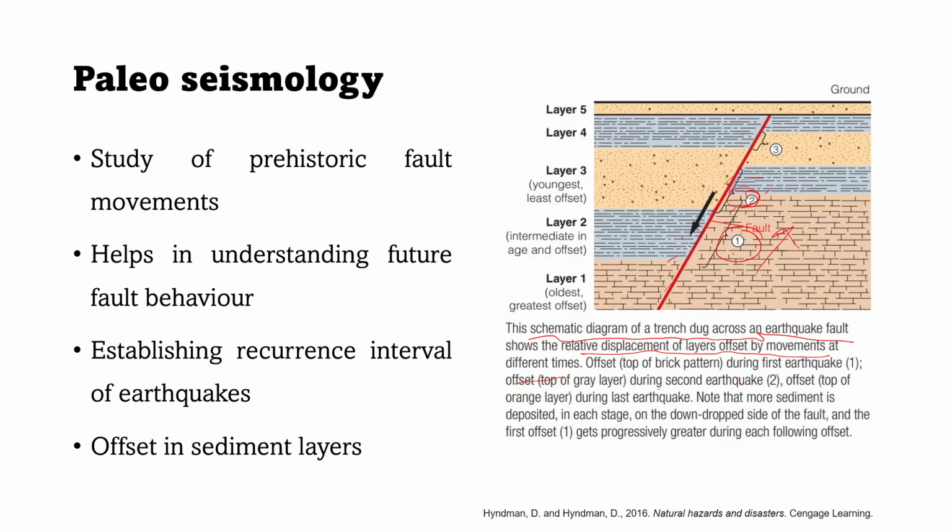This offset is actually less if you compare it to this one. This 2 is the offset during the last earthquake that is shown over here. So based on this movement, people can study how much movement has happened, and based on that, they can predict how frequently, or in how much time, a new earthquake can happen on this fault.